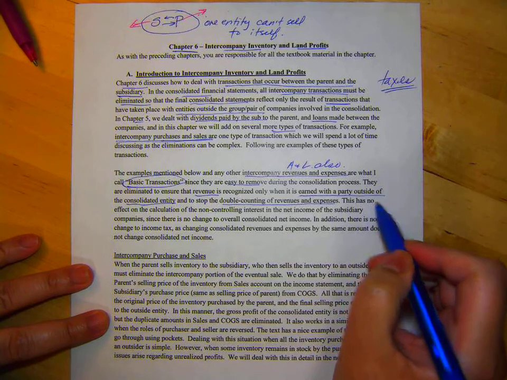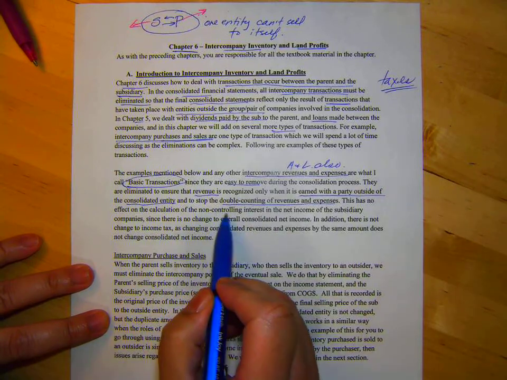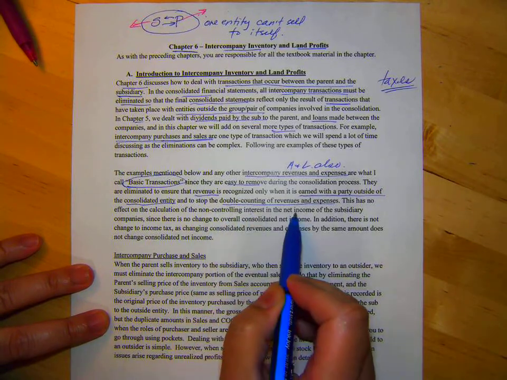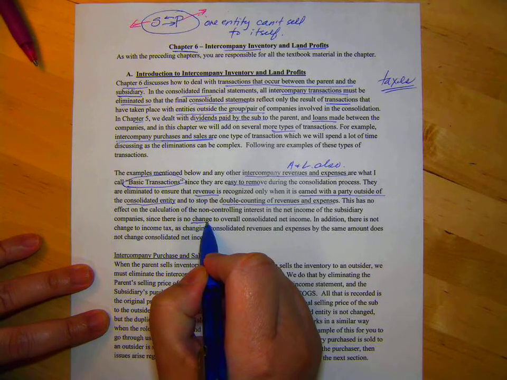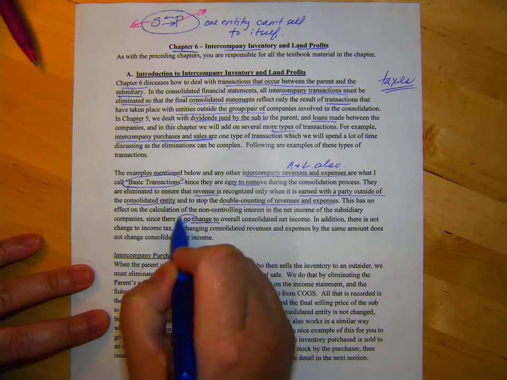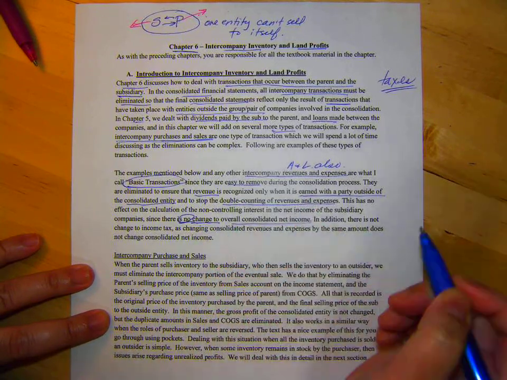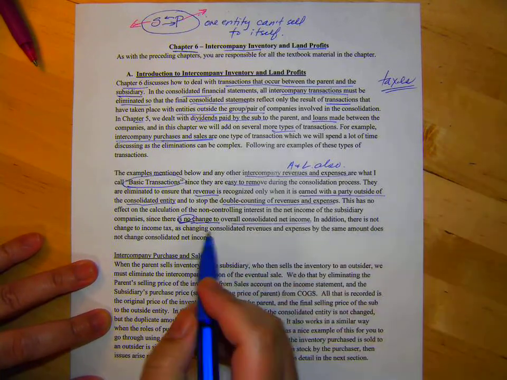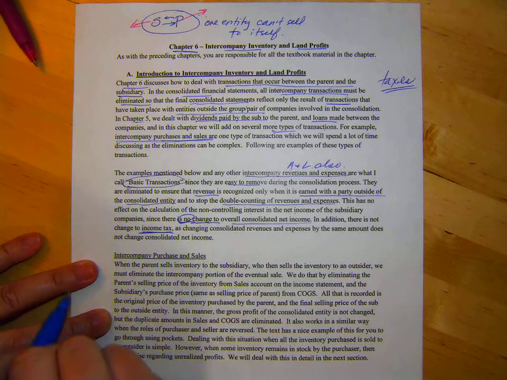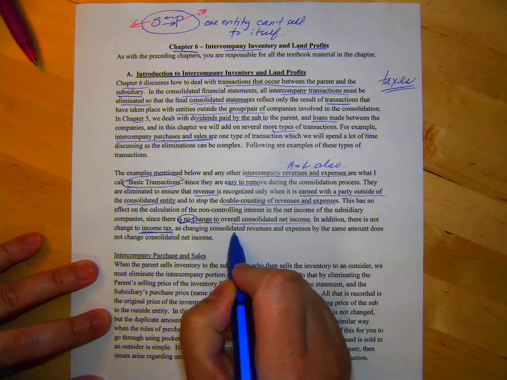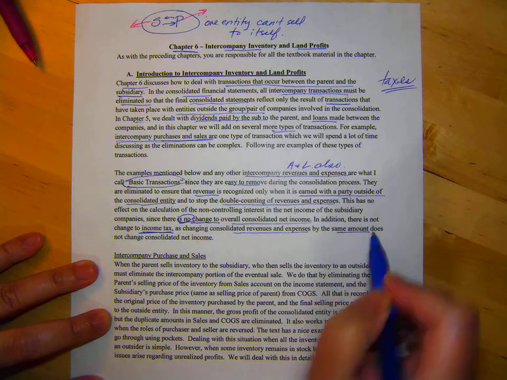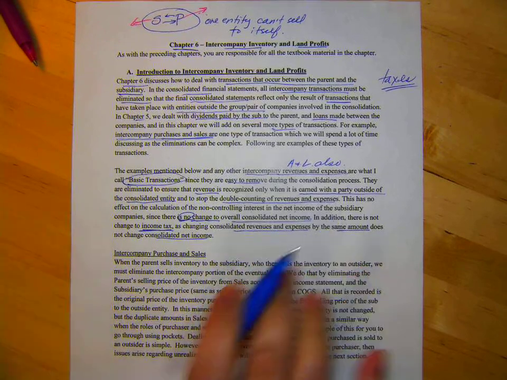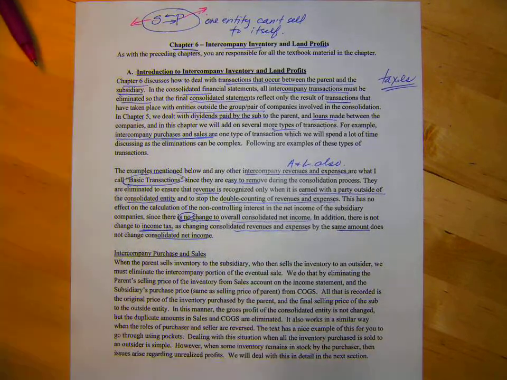Now, this will have no effect on the calculation of non-controlling interest in the income of the sub. It's no change to overall consolidated net income. Plus, there's no change to income tax, because changing consolidated revenues and expenses by the same amount does not change consolidated net income. So, I'll show you what I mean here.